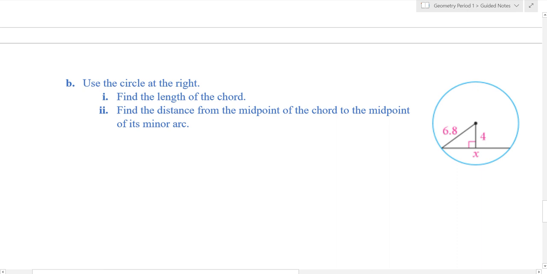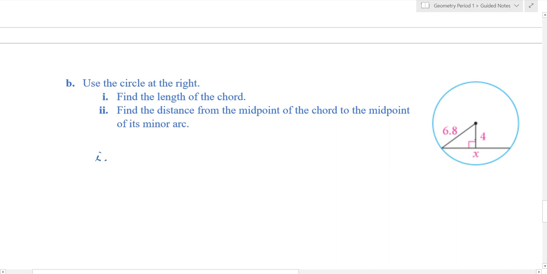Okay, so let's try to do number 1. So number 1, it says find the length of the chord. So I'm trying to find the length of the chord. If you take a look on the diagram, x happens to be on the radius of the circle, right? So if it's on the radius of the circle, notice that it's also 90 degrees.